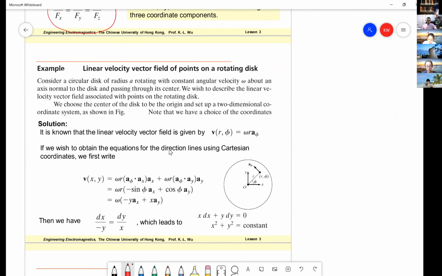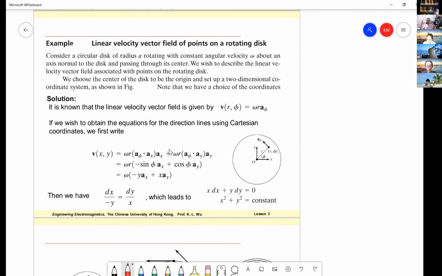So for example, we have a circular disk, spinning, rotating about the central axis at a constant angular velocity omega. Because there is angular speed, and speed is a vector, let's draw this field line.